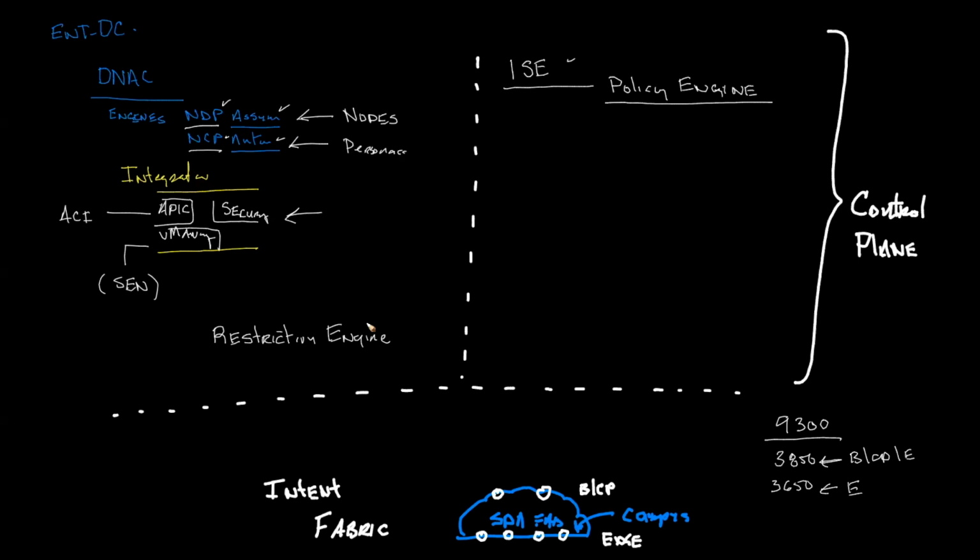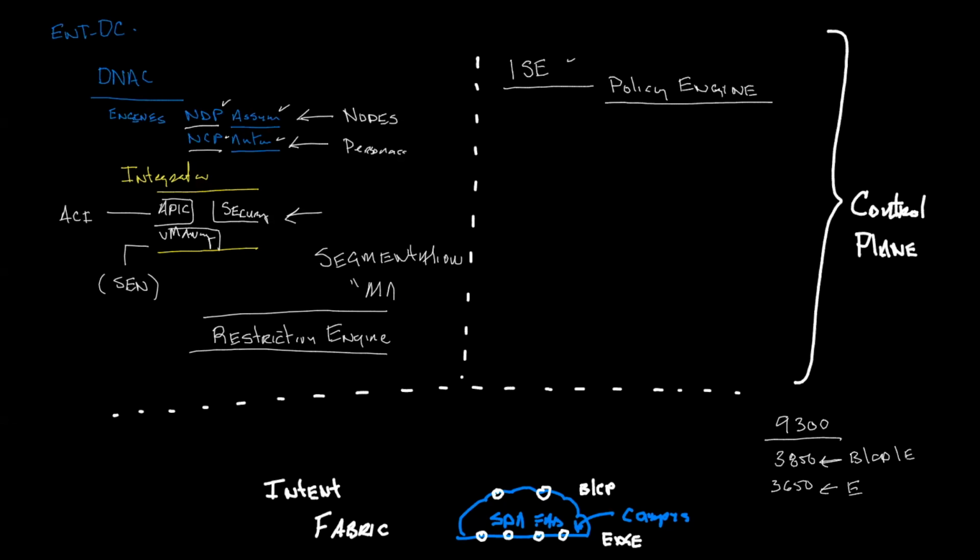In other words, what happens here is that I can implement this idea of segmentation inside of this engine. But we've already mentioned the fact that the only way that I can segment is on a macro level, meaning VNs and VRFs.